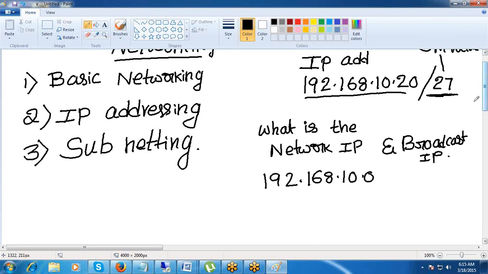Okay. Just give us some time. The second network IP will be an increment of 27 or? No, I've given the /27. But the second network IP will be an increment of some number, right?